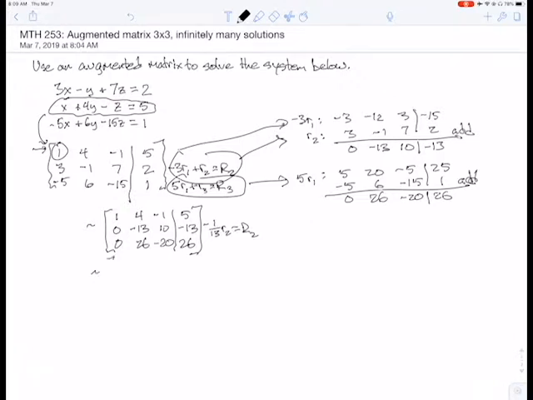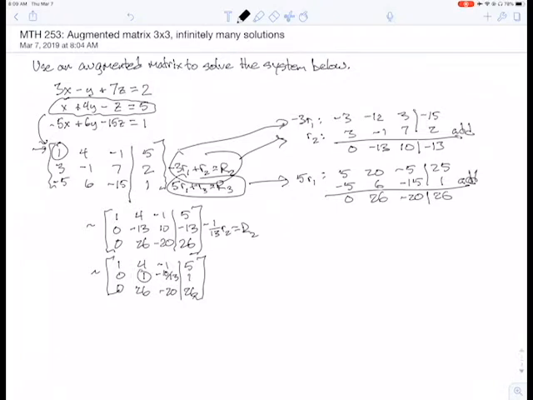So that makes my new form of the augmented matrix 1, 4, minus 1, 5, 0, 1, minus 10/13, and surprisingly 1. And then the third row is again just 0, 26, minus 20, and 26.